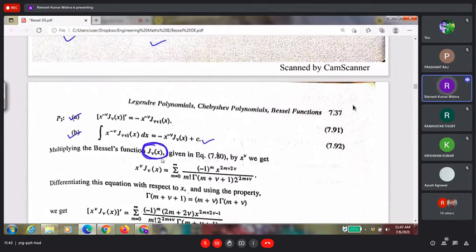multiply by x to the power v, that is, x to the power v into Jv. So m equals 0 to infinity, and this part is the same, there is no change. When you multiply by x to the power v, x to the power 2m plus v was already there, so it becomes x to the power 2m plus 2v.